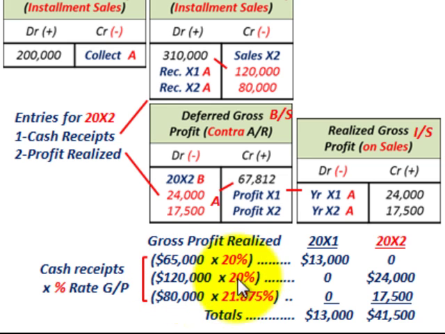You just have to match up that gross profit percentage to whatever cash receipts you had, based on the year of the sales and the gross profit on those sales.